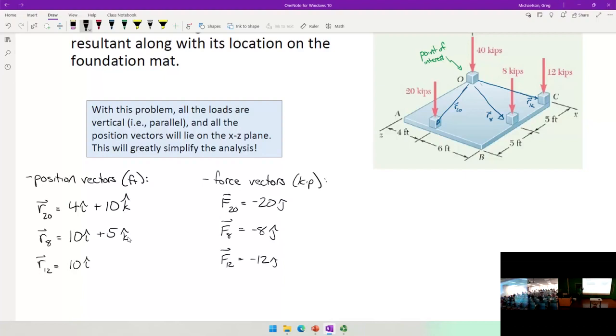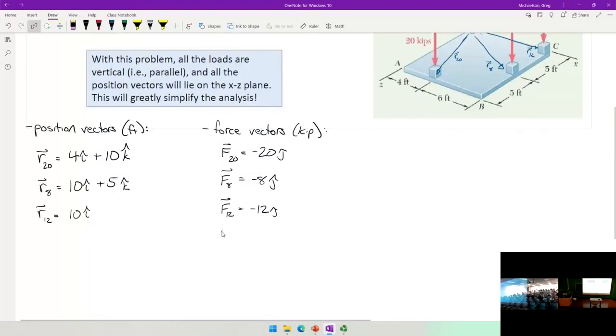So I want to be clear. There are 4 forces on this system. There's a 20, an 8, a 12, but then there's a 40. So we've got a force vector minus 40j.